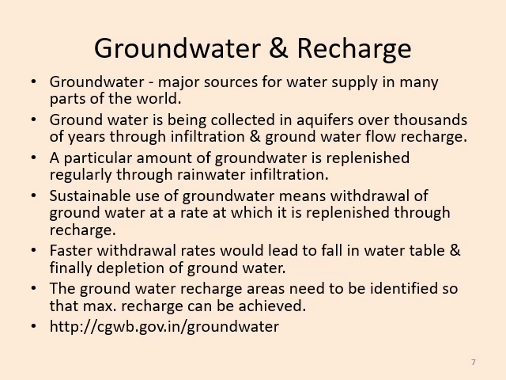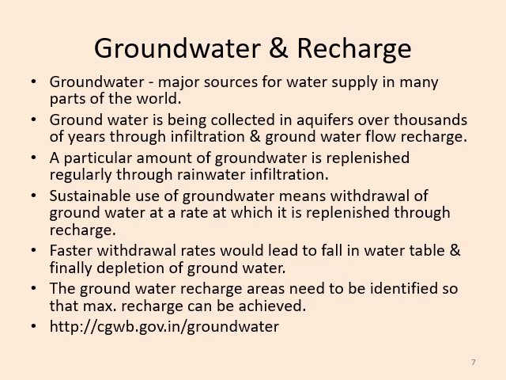Groundwater is collected in aquifers over thousands of years through infiltration and groundwater flow recharge, that we have already seen in well hydraulics topics. A particular amount of groundwater is replenished, meaning recovered or recuperated regularly, through rainwater infiltration. Sustainable use of groundwater means withdrawal of groundwater at a rate at which it is replenished through recharge.